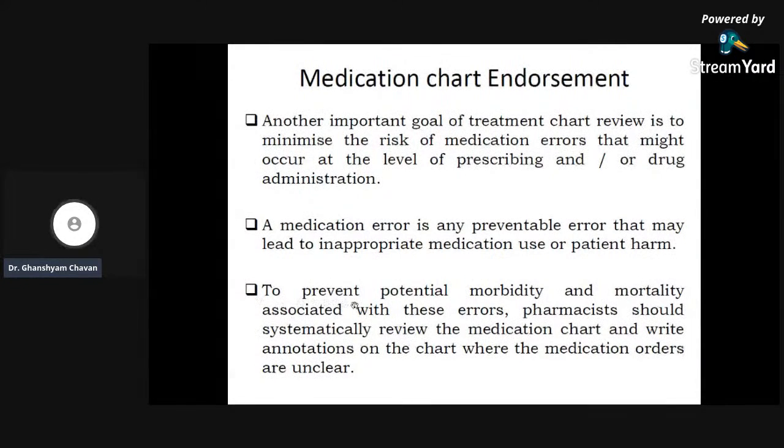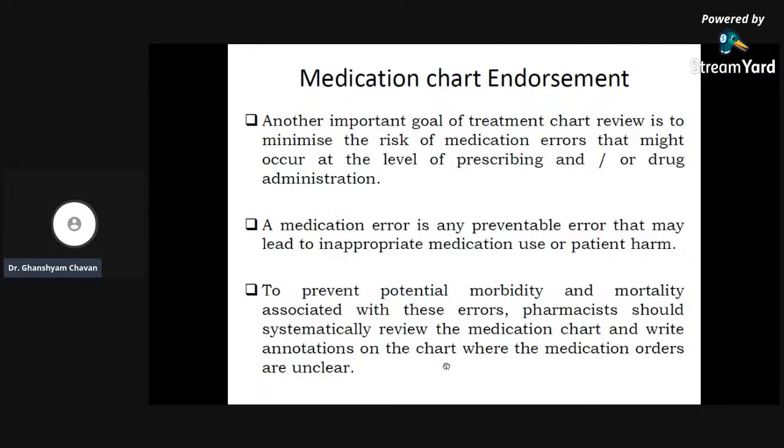To prevent potential morbidity and mortality associated with those errors, pharmacists should systematically review the medication chart and write annotations on the chart where the medication orders are unclear.